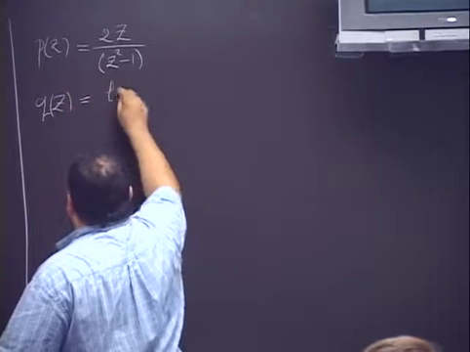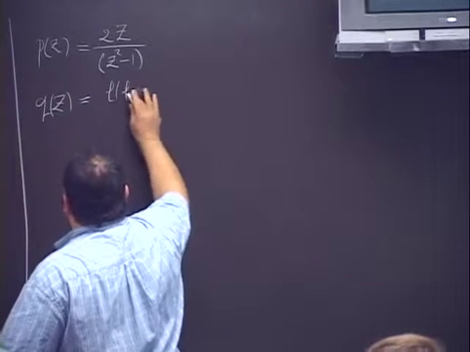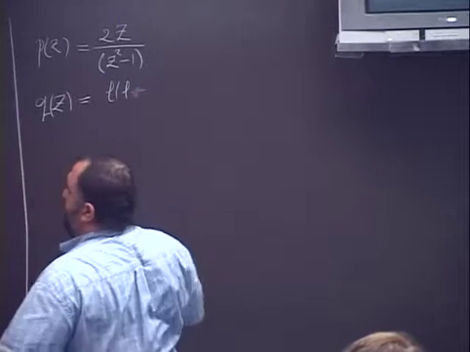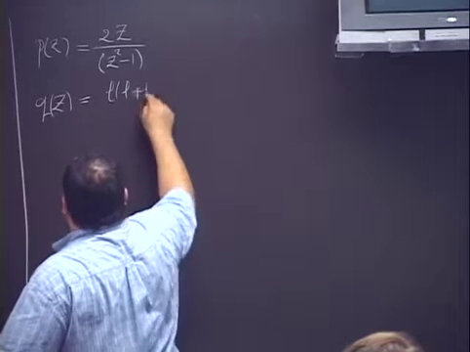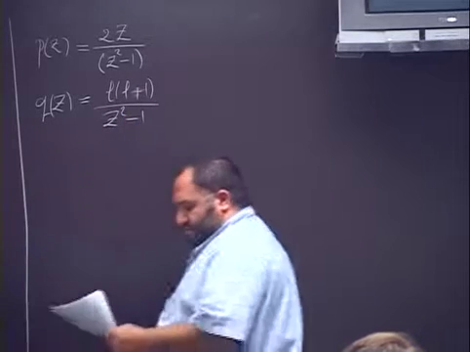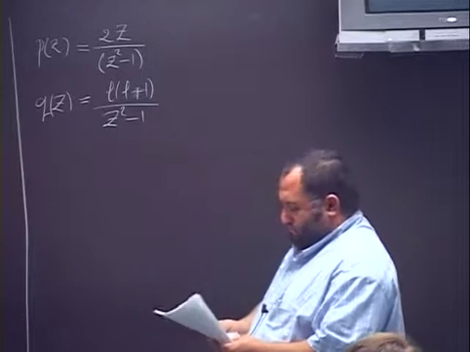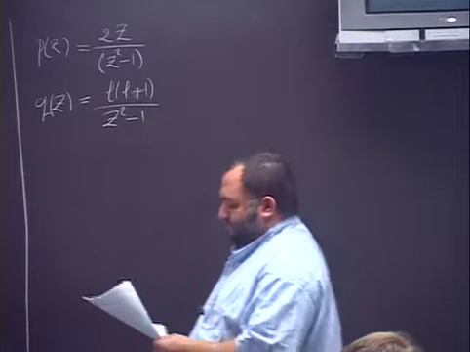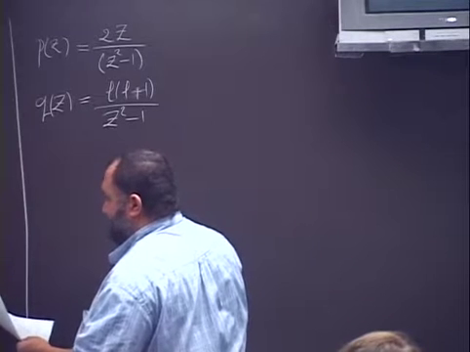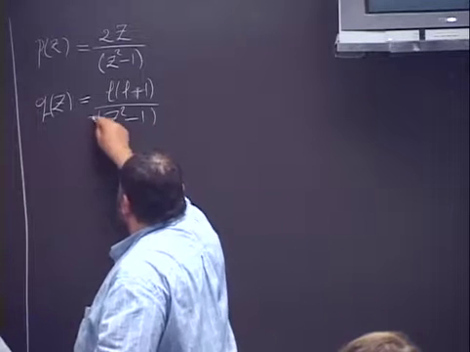It would be L multiplied by L minus 1. Is it L minus 1? L plus 1 actually. So L times L plus 1 divided by z squared minus 1, and there is z squared in front.